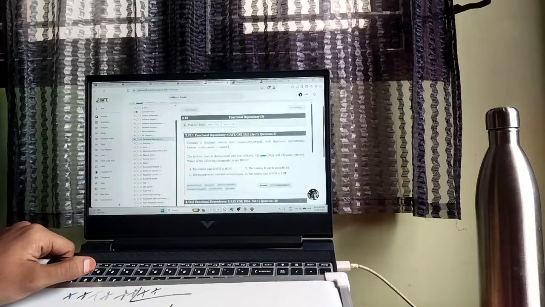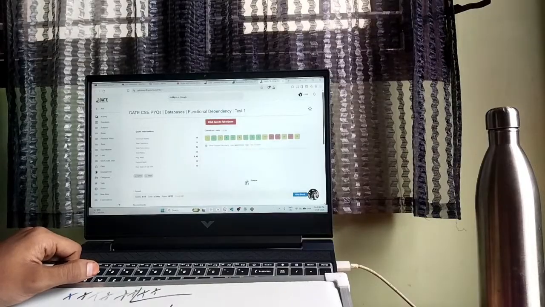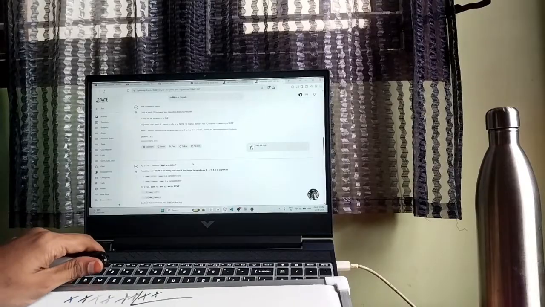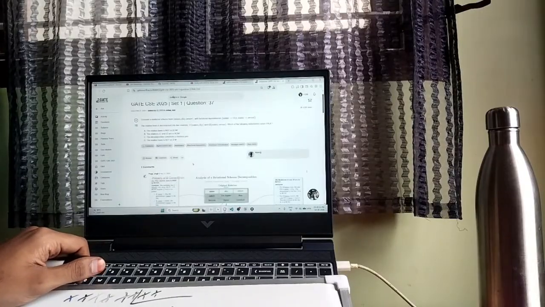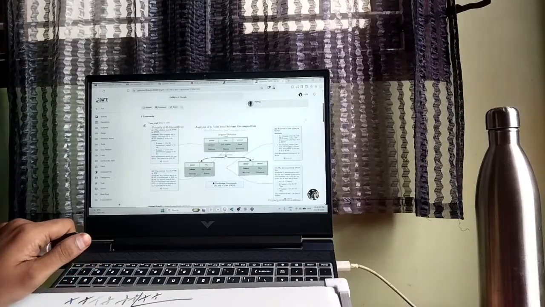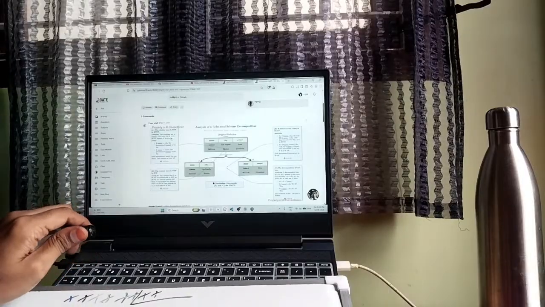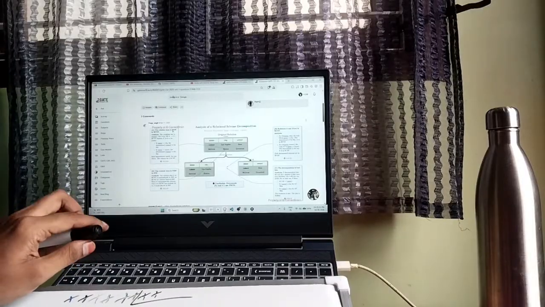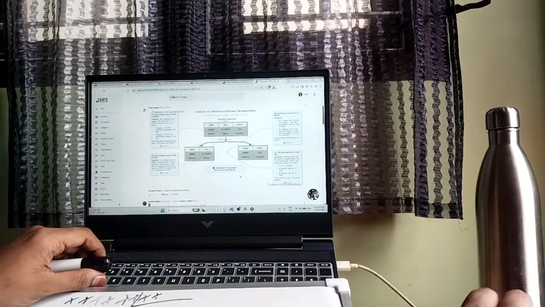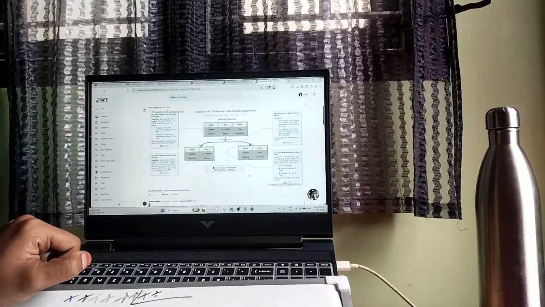Okay, let us solve. I think I solved this question one week ago. What is lossless join?